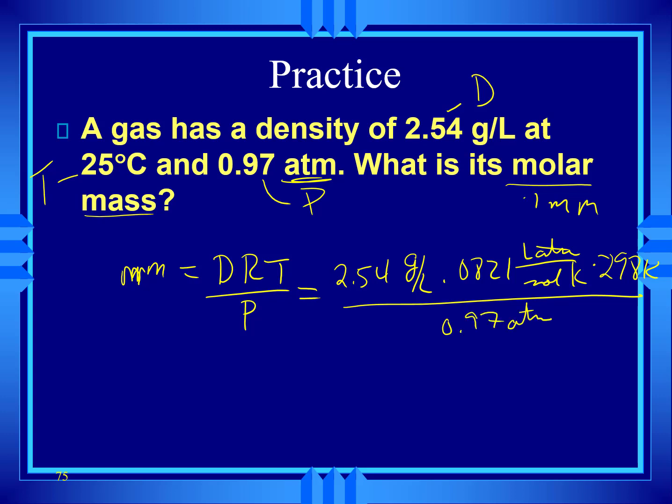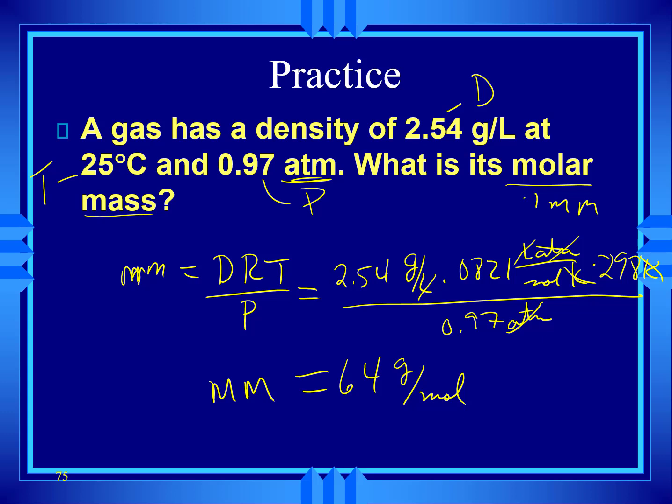So 2.54 times 0.0821 times 298 divided by 0.97 equals, with 2 sig figs because of the 0.97, 64. Atmospheres cancel, liters cancel, Kelvin cancels, and I'm left with grams per mole, which is a molar mass.